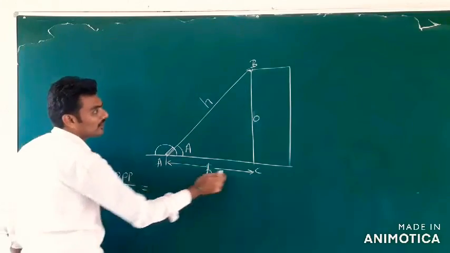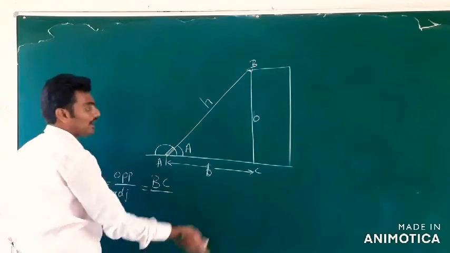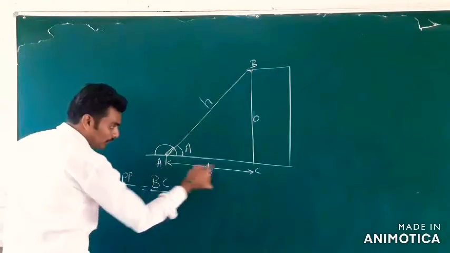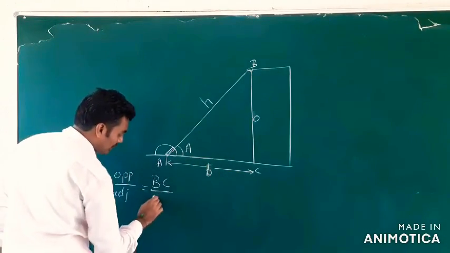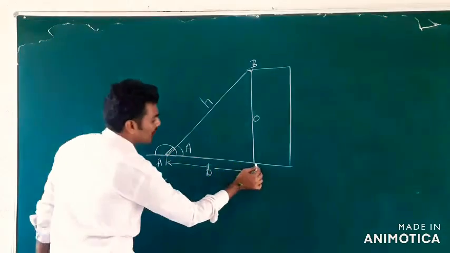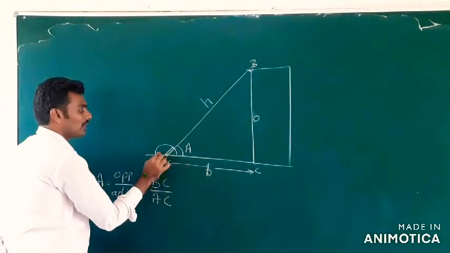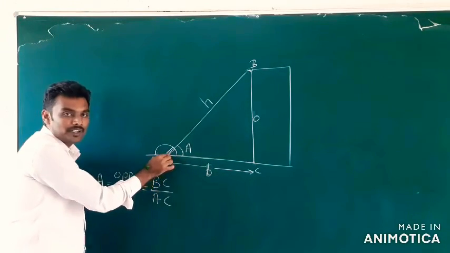What is the opposite side here? BC, which itself is our height of the building, and adjacent side is AC, which is the distance from the base of the building to the point where the protractor and the laser are placed, right?